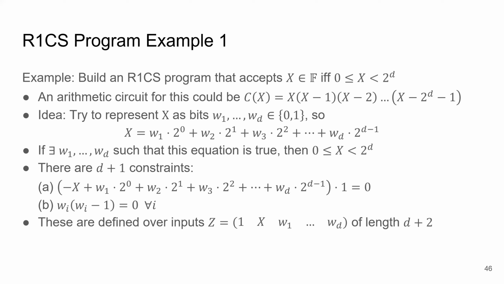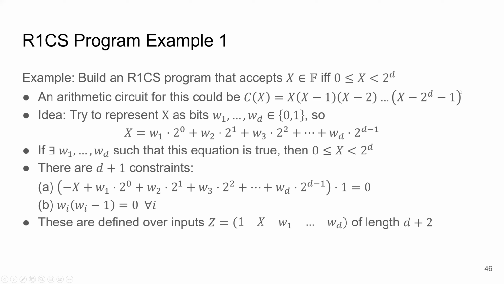What could we do here? As a tidbit, we could build an arithmetic circuit for this problem, one that accepts X if it's less than 2 to the D. The way we could build such an arithmetic circuit is to build the circuit to be this humongous polynomial: X times X minus 1 times X minus 2 times X minus 3, all the way up to X minus 2 to the D minus 1.